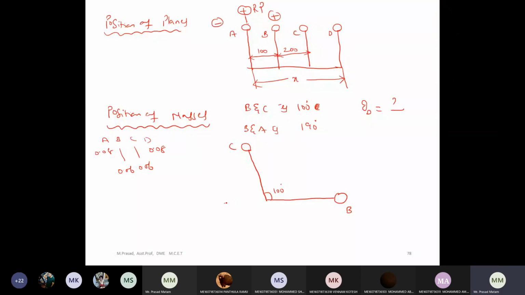Now, suppose this is my reference line which makes an angle of 180 degrees. Now, what angle have they given? The angle between B and A is 190 degrees. This total angle is 180. From here, draw a line which makes an angle of 10 degrees only. This angle is 10, so now the total angle is 190 degrees.